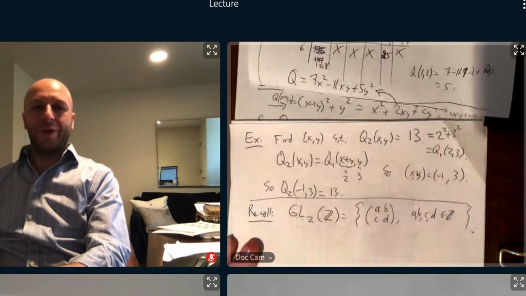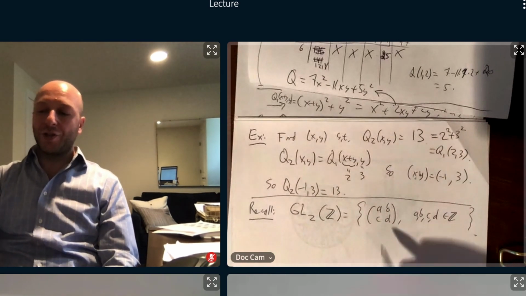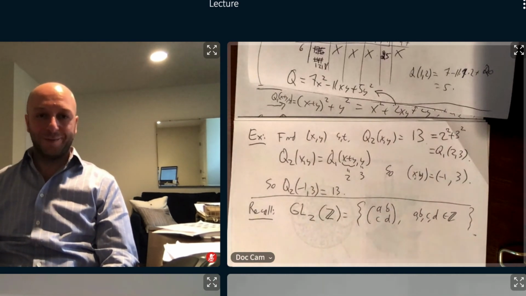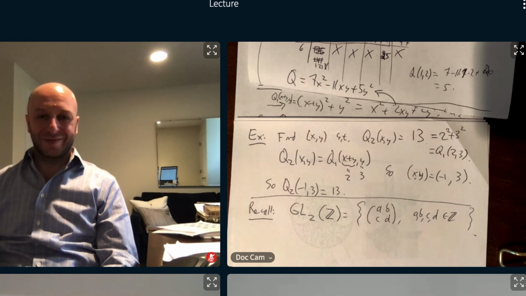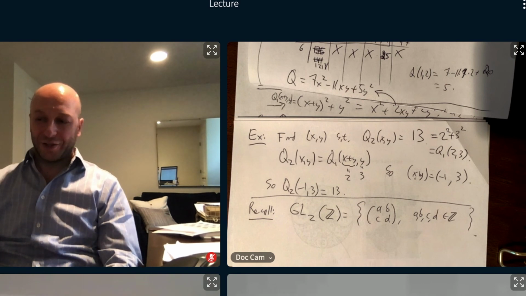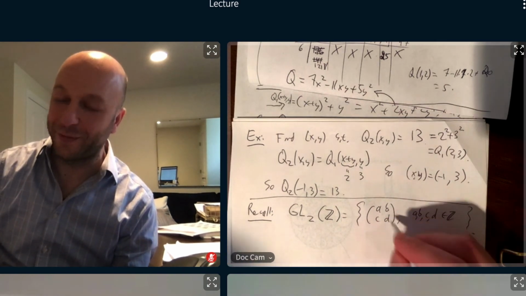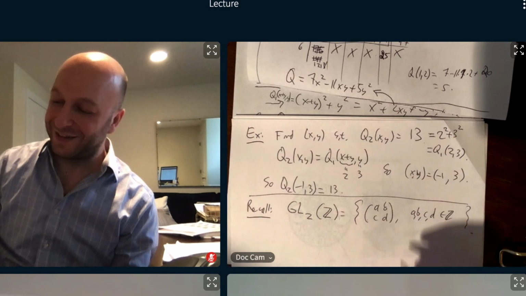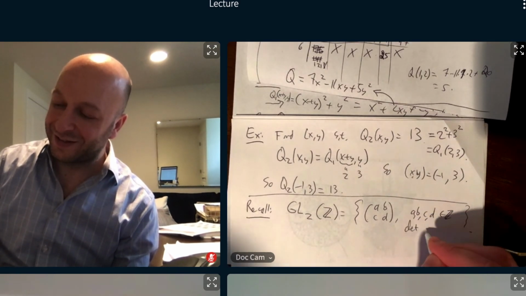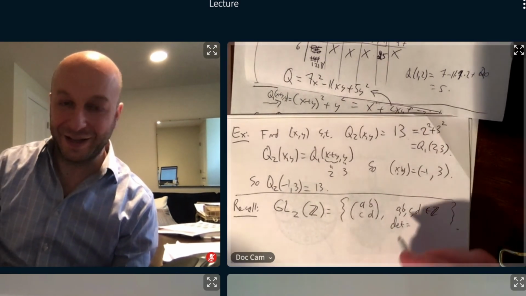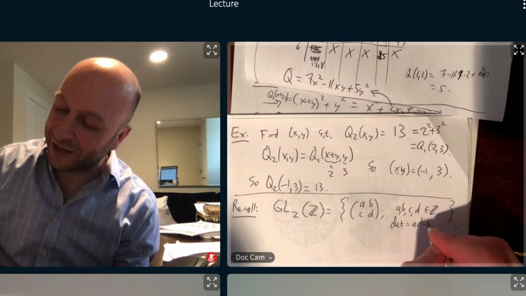And in order to be invertible, what do I need to know about this linear transformation? The determinant. What's the determinant of the matrix A, B, C, D? So the determinant, which is AD minus BC.